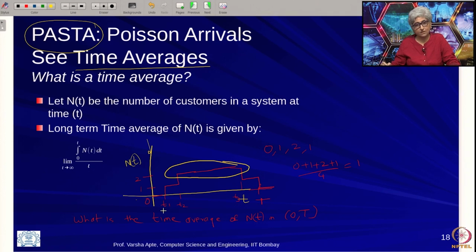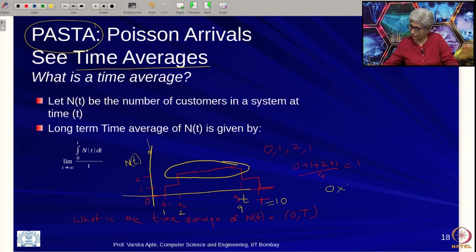Let us give these things numbers so that it becomes a little more clear. Let us say T was 10, T1 is 1, T2 is 2 and T3 is 9. Now we will take these durations into account.